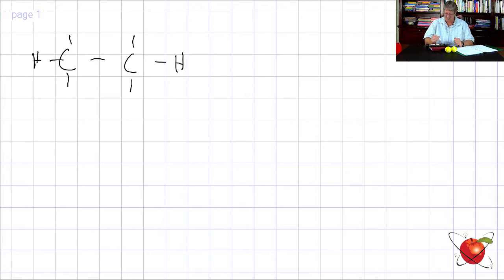So that is an H. I'm thinking alkane or alkene. H, H, and H. What have we got? It's an ane, and it's ethane.